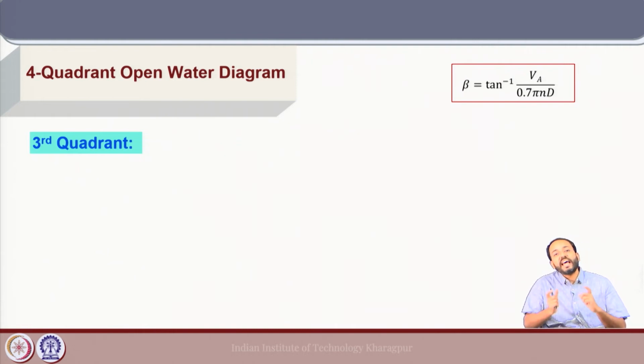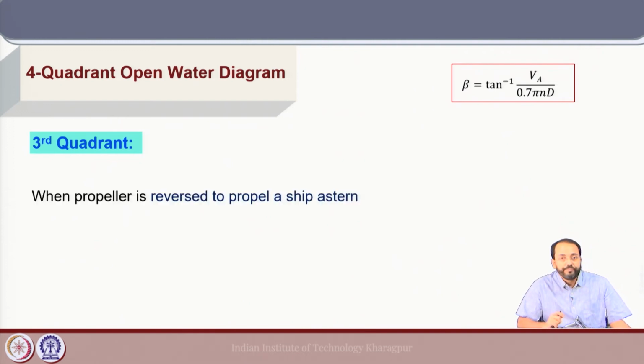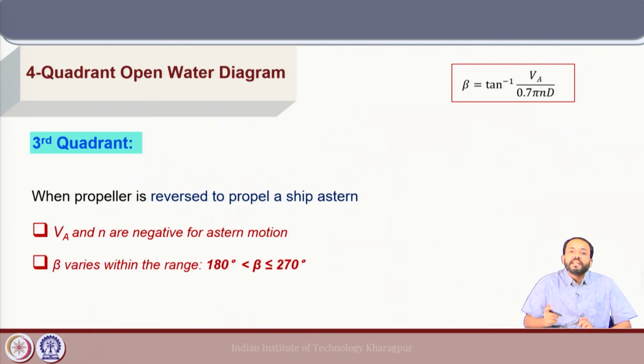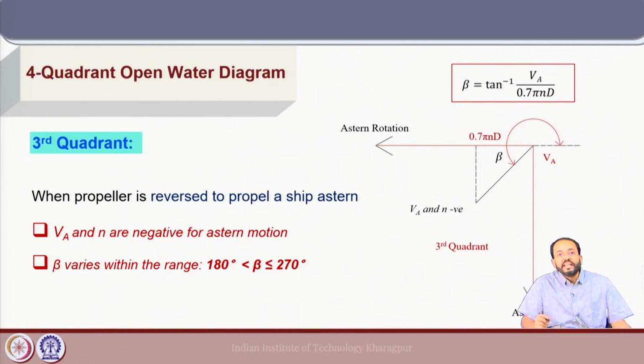So, both Va as well as N are negative. This corresponds to the third quadrant of the propeller open water diagram. Beta by definition now will range between 180 degrees and 270 degrees. So, this third quadrant is a combination of astern advance of the ship, that means the ship is moving astern, and the propeller is rotating in the reverse direction.